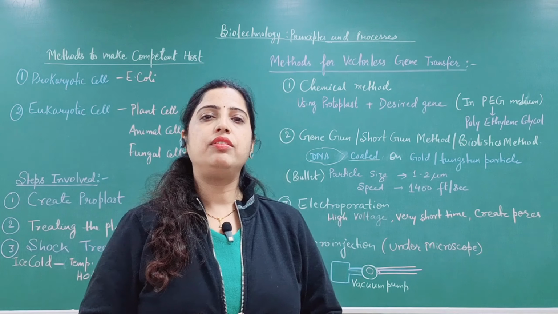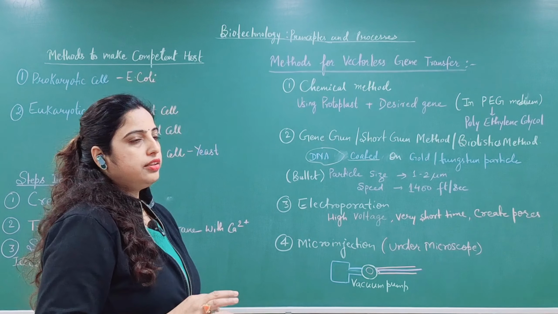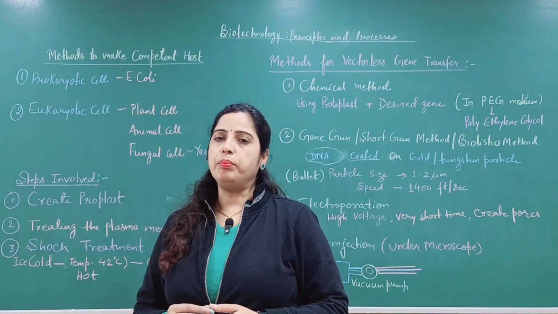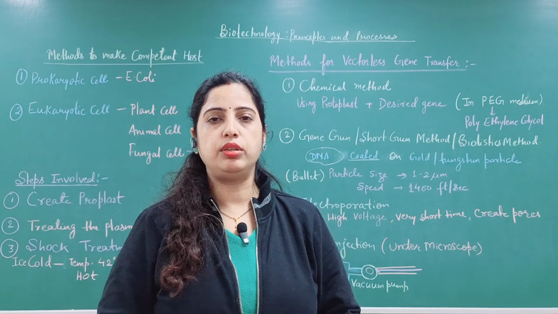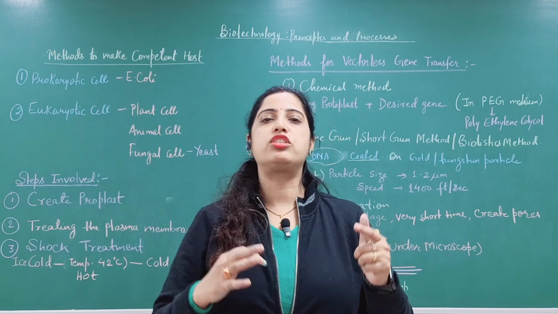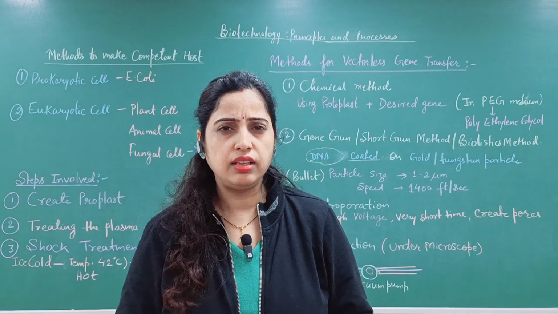So, how can we prepare the competent host? There are different ways by which we can make it. First of all, we should know what the preferable competent hosts are. If we talk about the prokaryotic cell, the most favorite of all is E. coli. Do you know why?